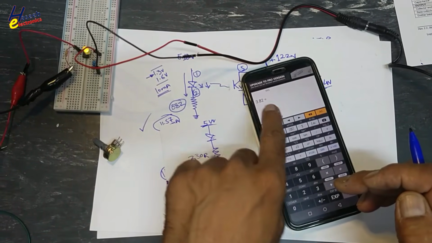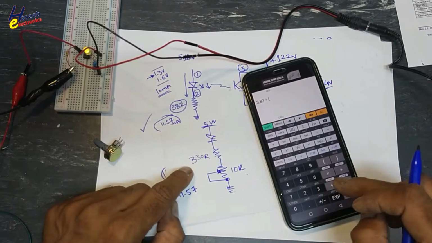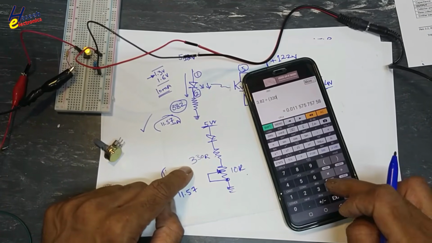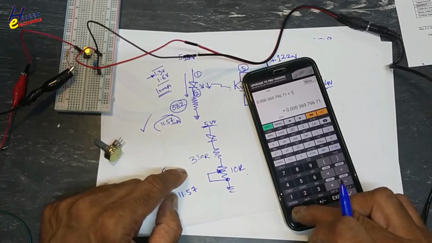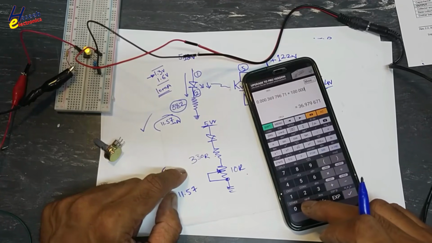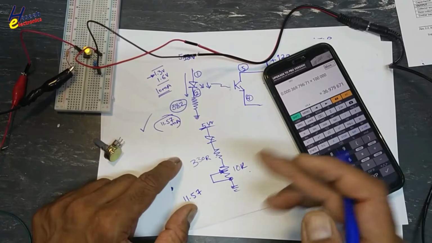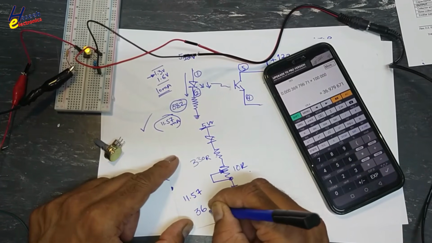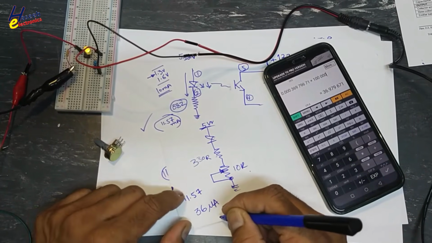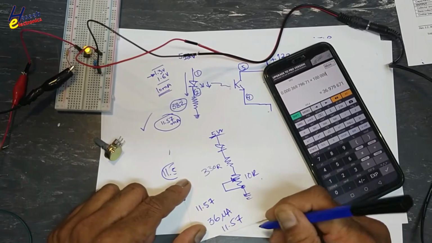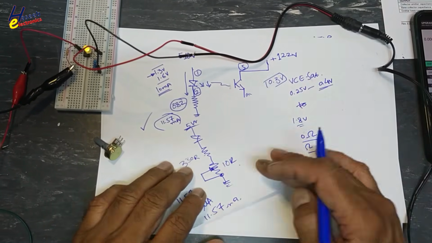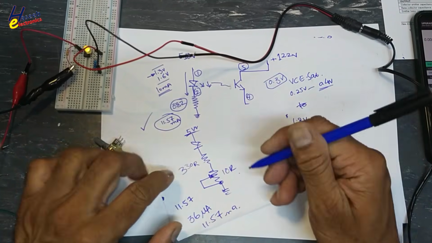Remaining voltage are 3.82, divided by 330 ohm plus 10,000. Multiply with 1 million. The current will vary from 36 microampere to 11.57 milliampere.